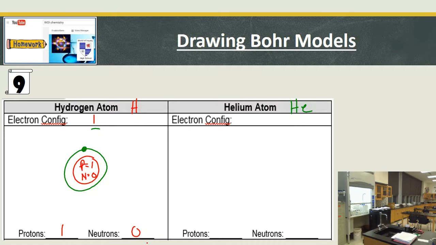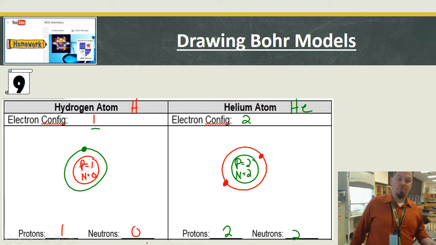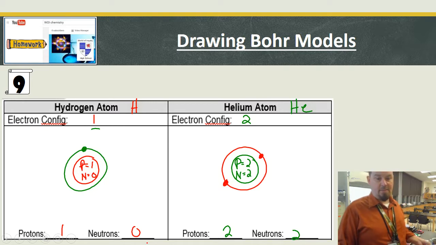Its electron configuration is 2. It has 2 protons and 2 neutrons because it has a mass of 4. So P equals 2, N equals 2. There's my nucleus. Here is my electron configuration. 1 ring, 2 electrons. Those are the 2 simplest atoms in existence.